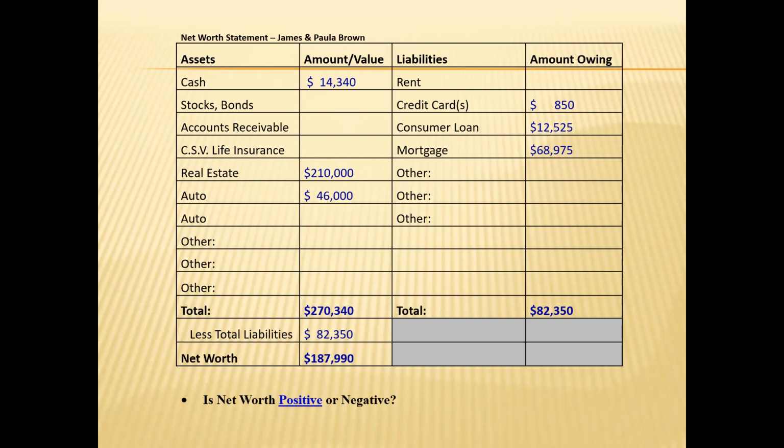And there's a total of just over 82,000 in liability versus about 270,000 in assets. Just healthy and positive of just under 190,000. Okay, so they have a pretty decent net worth there.